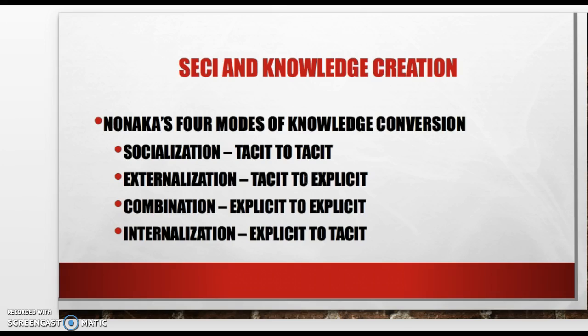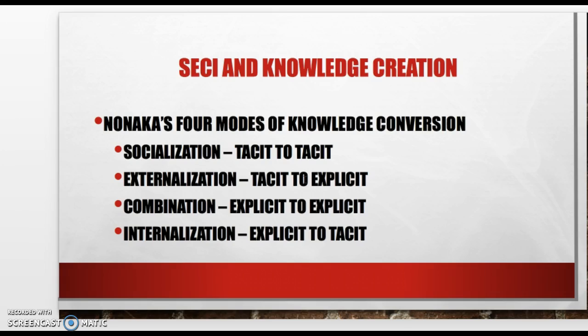Then, for those of you who recall, we've gone to the flip phones, and then to the Blackberries and the iPhones. And each time the phone has gotten better, we've taken explicit knowledge in terms of how cell phones operate, their basic function and operations, and continue to share that knowledge and make it even more explicit. In other words, we're beginning to take the explicit knowledge necessary to understand the whole idea of a cellular phone to what we have today. So it's basically going from explicit to explicit.